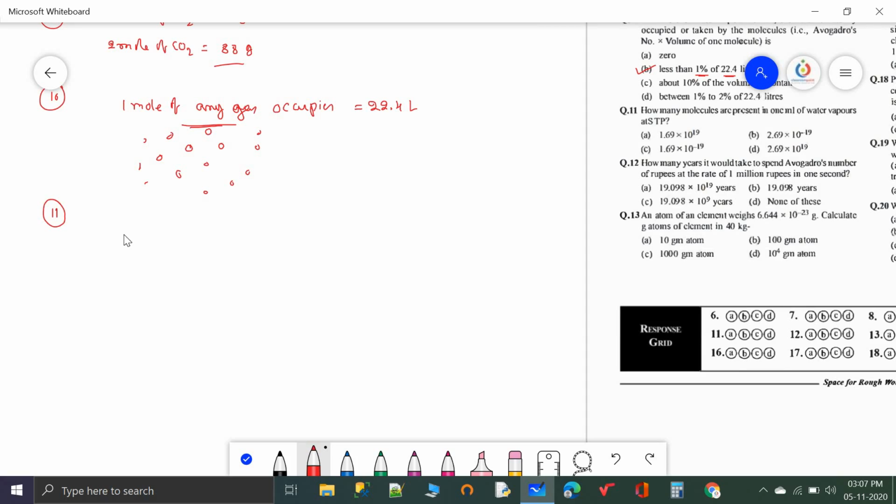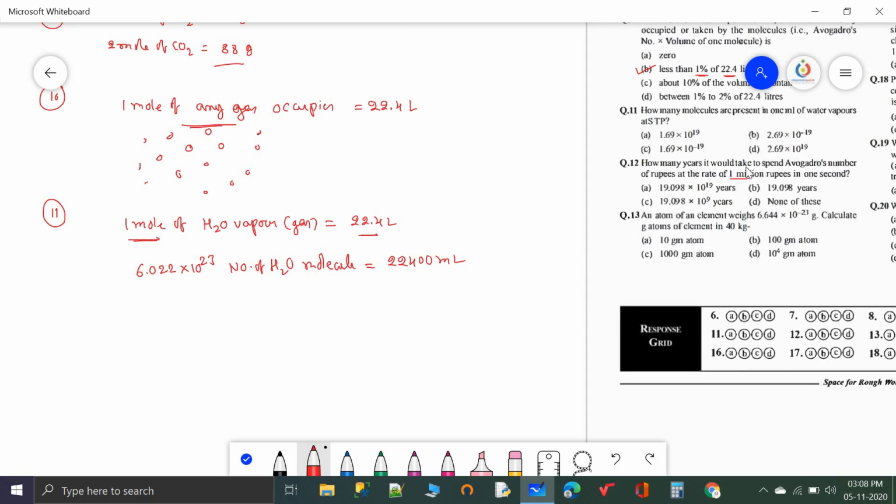We know that 1 mole of H2O vapor, vapor meaning a gas in gaseous state, occupies 22.4 liters at STP. 1 mole contains 6.022 into 10 power 23 H2O molecules, which occupy 22,400 ml of volume. Here liters are converted to milliliters.